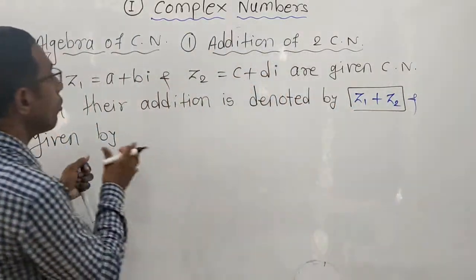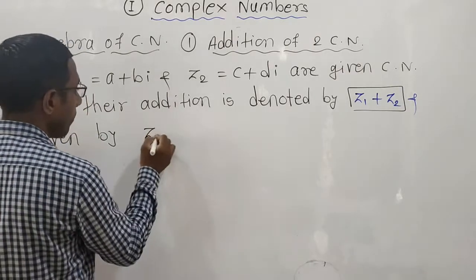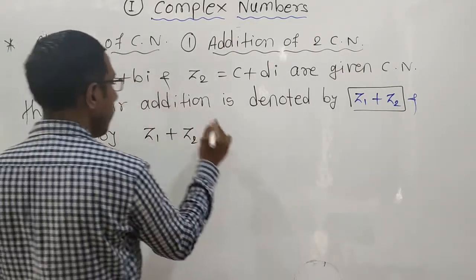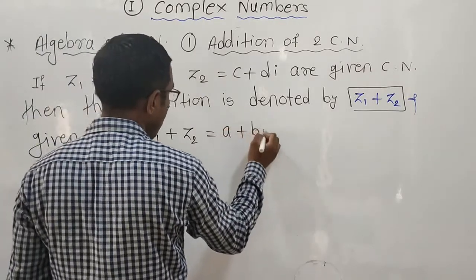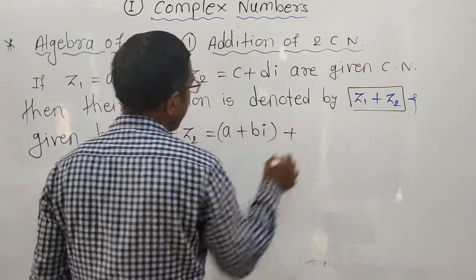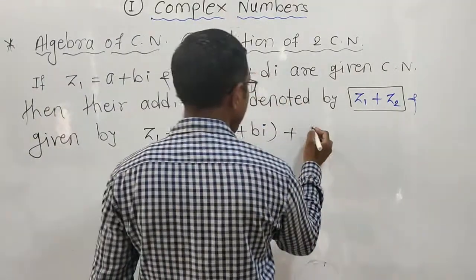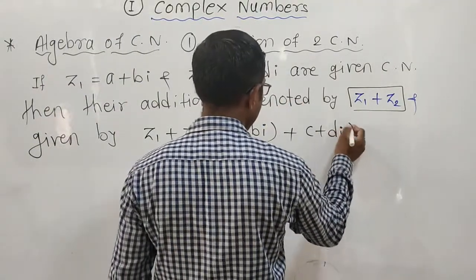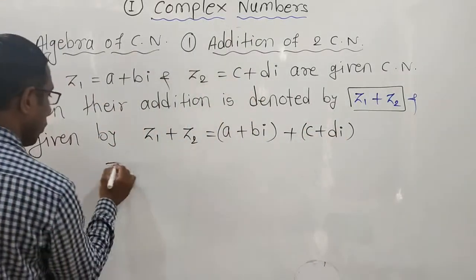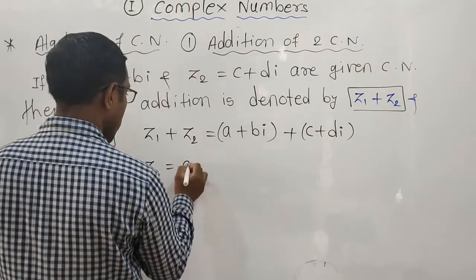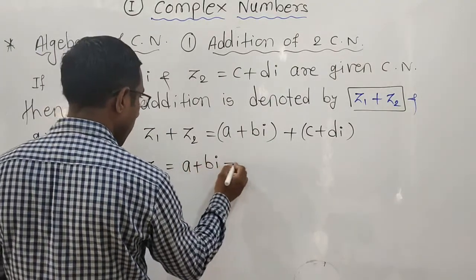Now next we are going to derive the formula. Given by z1 plus z2 is equal to, put the value of z1, a plus bi, plus, I am just putting the values in the equation, z2, what is z2, c plus di. Now solve the bracket.